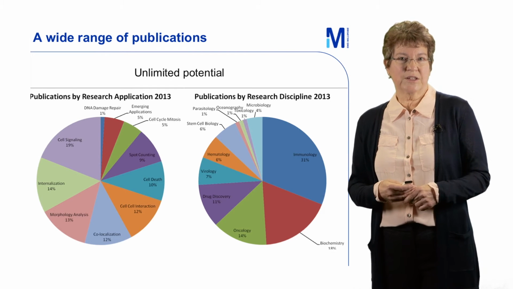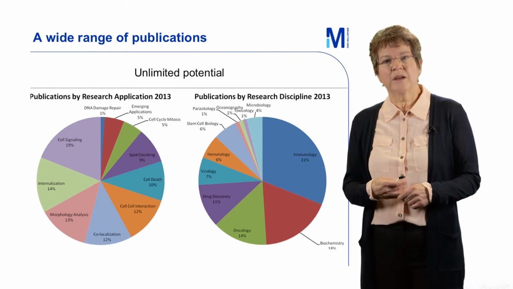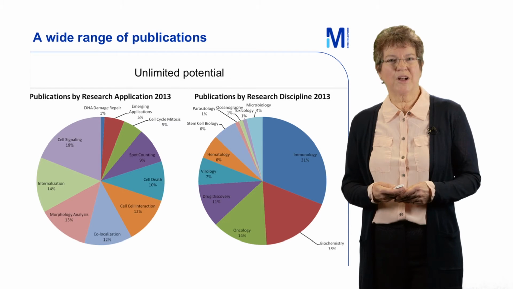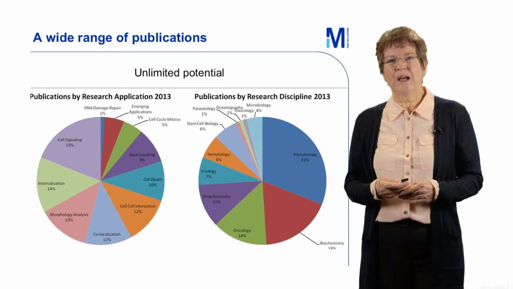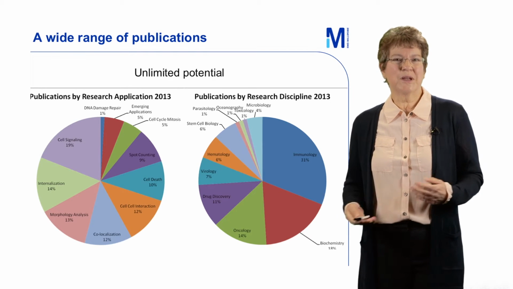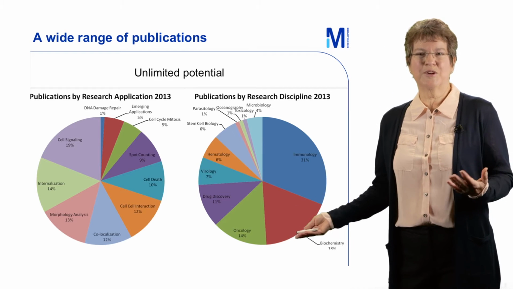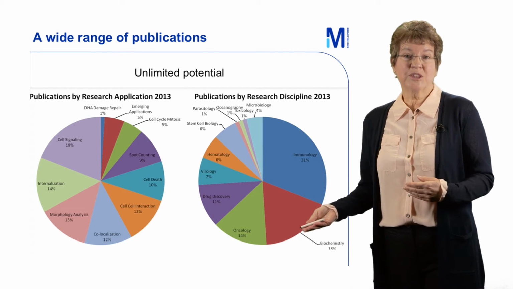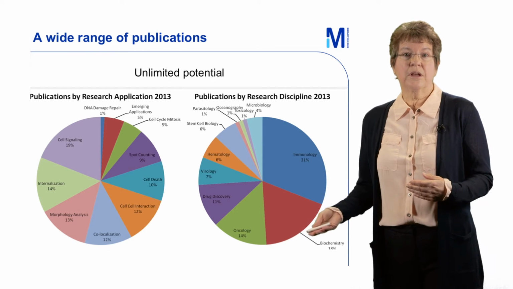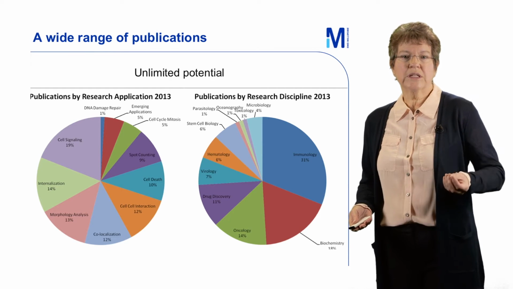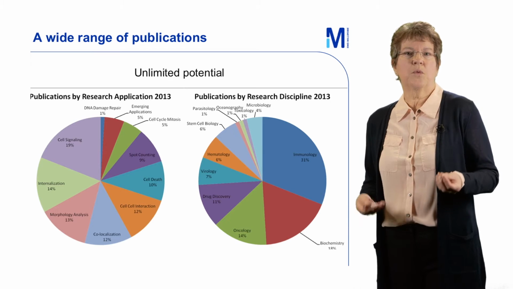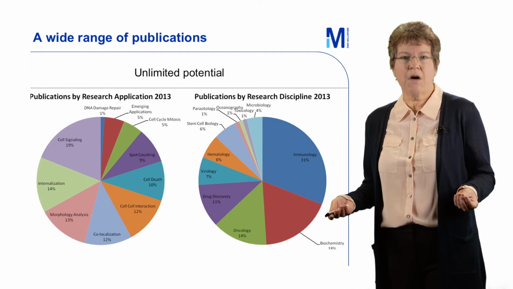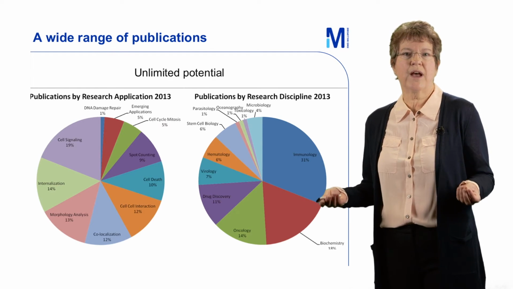On the right is a graph showing the disciplines. It's been mainly used in the immunology field. That's probably because immunologists have been using flow cytometers for many, many years. But there's a large chunk of biochemistry that's done on the instrument. Looking at your proteins and your RNA and your DNA and where those proteins are is very easy when you have the image.